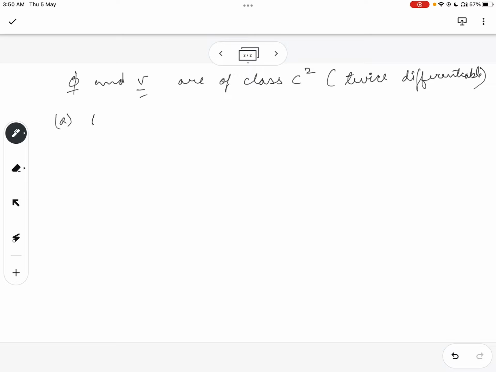So the first of them is that curl of del phi is 0. There is an identity, another definition of curl other than what we have seen before, that curl of a vector v is nothing but the axial vector of the skew symmetric part of the gradient of v.